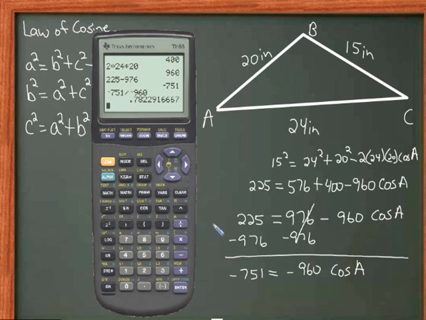That's going to be 0.7823, rounded to four decimal places.